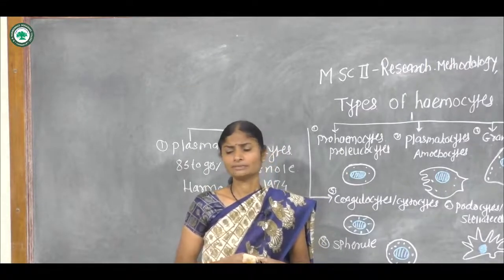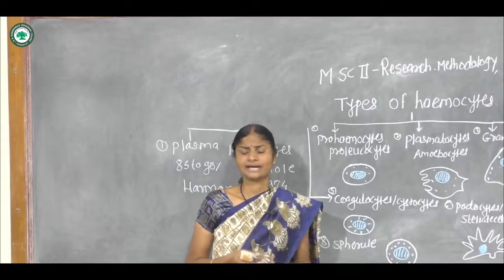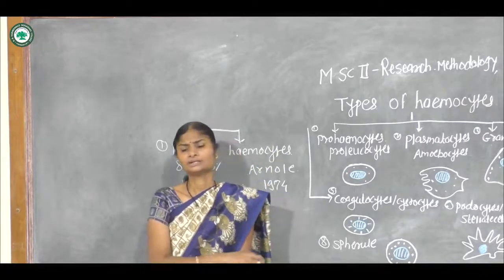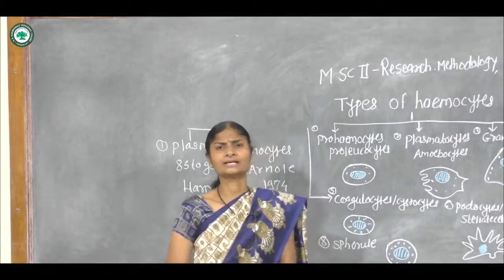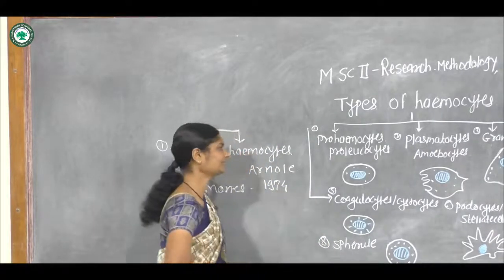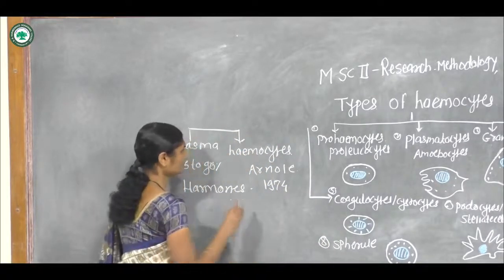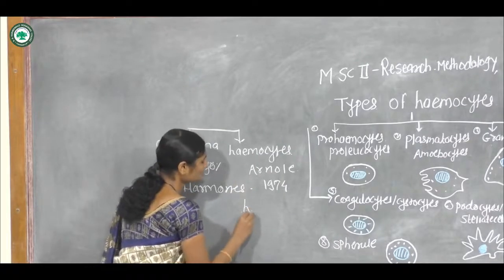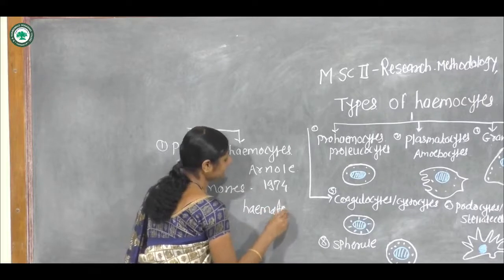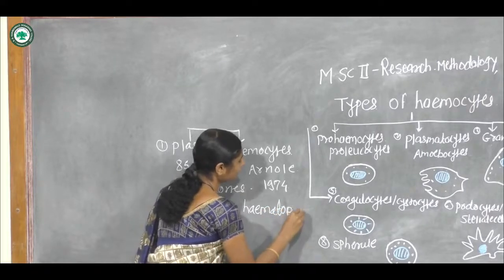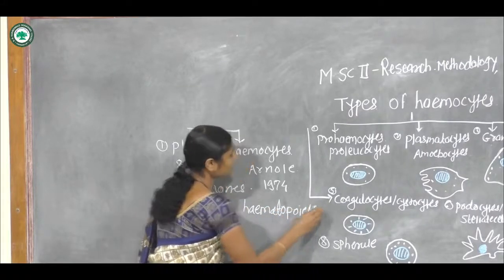In most insects and larvae, the hemocytes are produced within the hemopoietic organs, that is, the hemopoietic tissues.